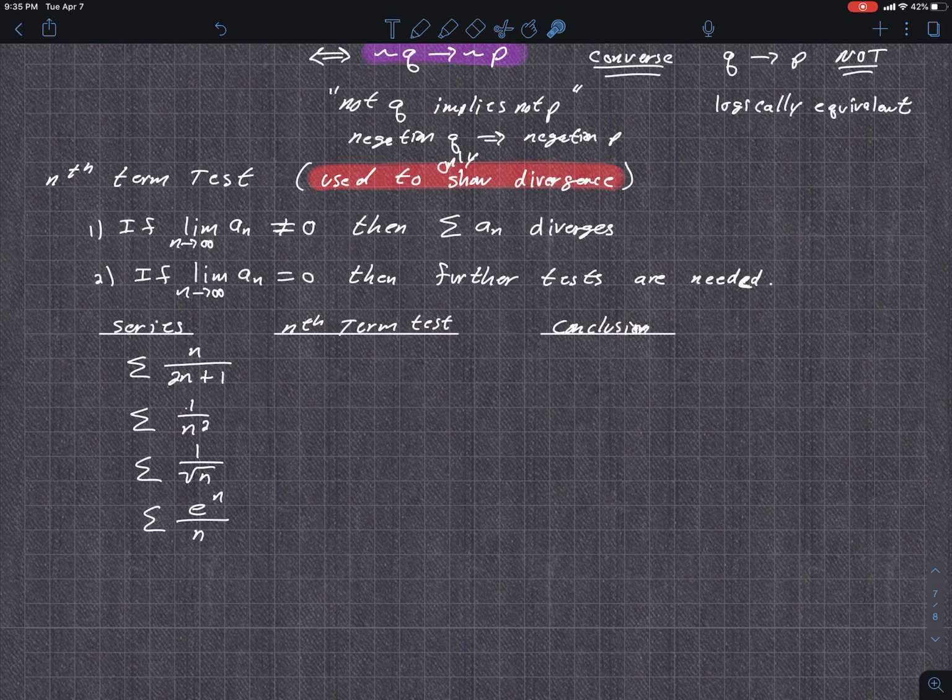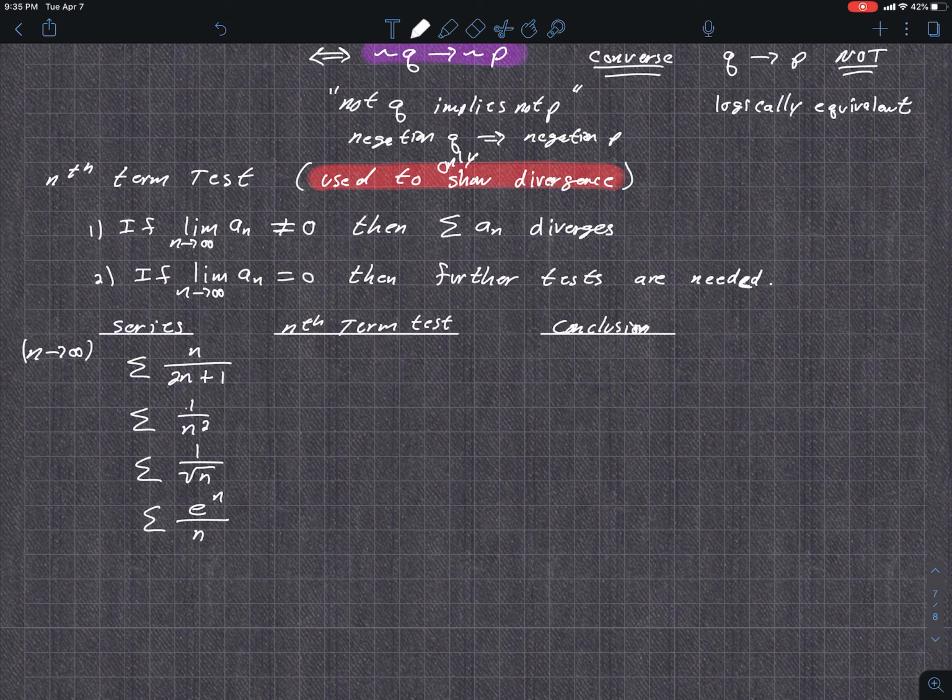So with the nth term test, what you do is see what happens to the limit of a sub n. If it's not 0, like you get 3 or something, then you're done.